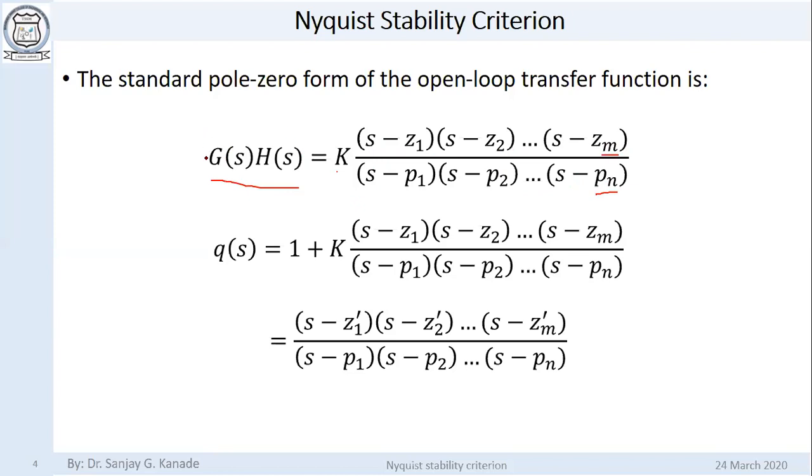Okay. So the characteristic equation of this system will be Q(S) is equal to 1 plus G(S)H(S), right? You remember this? Q(S) is the characteristic equation.